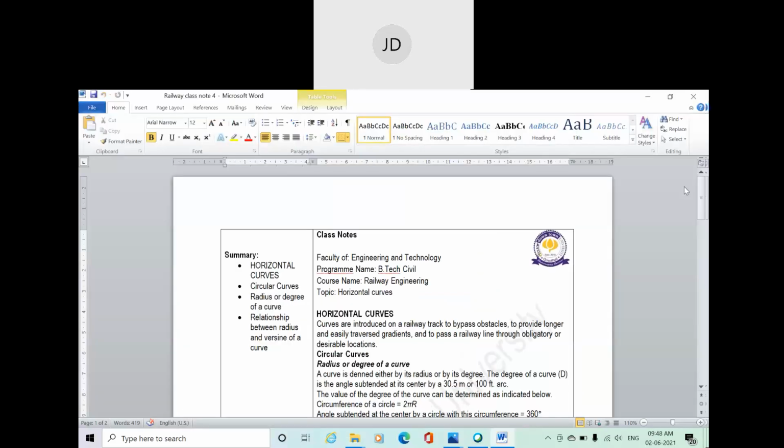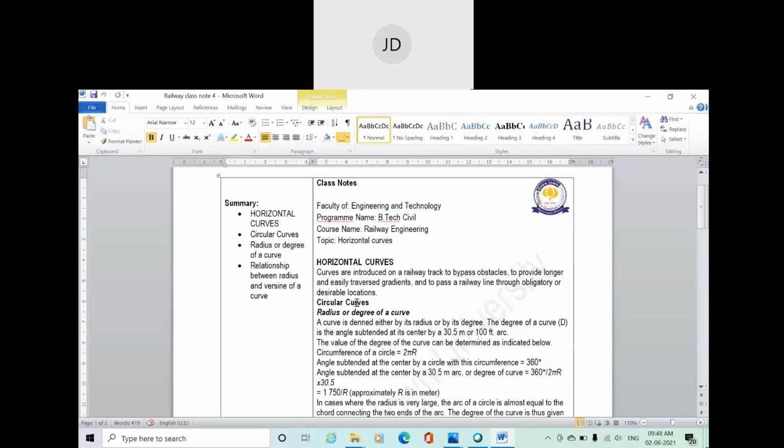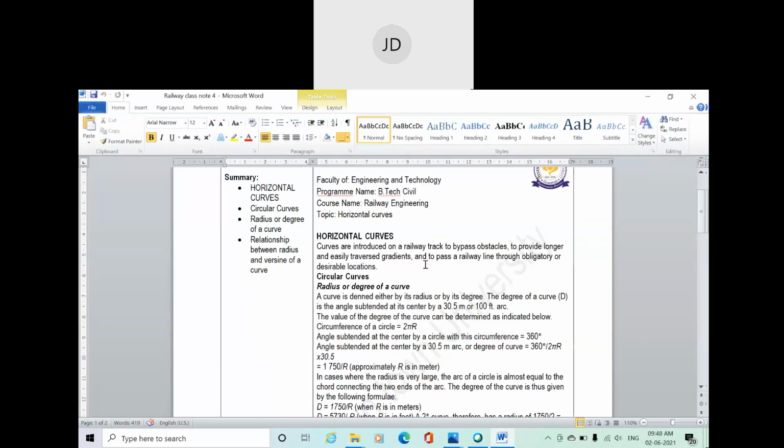Yeah, so we are discussing horizontal curves. Curves are introduced on the railway track to bypass obstacles, to provide longer and easily traversed gradient, and to pass a railway line through an obligatory or desirable location.